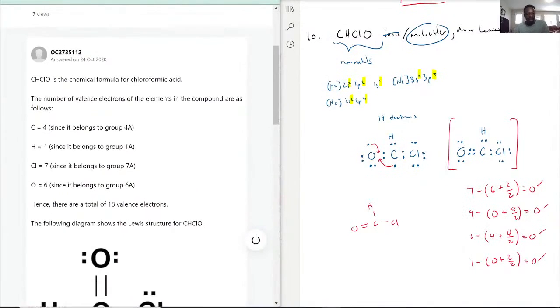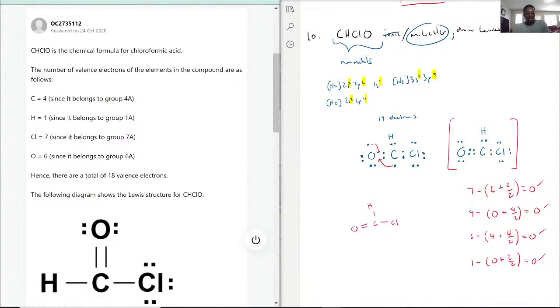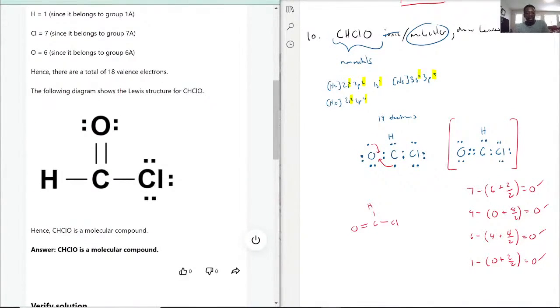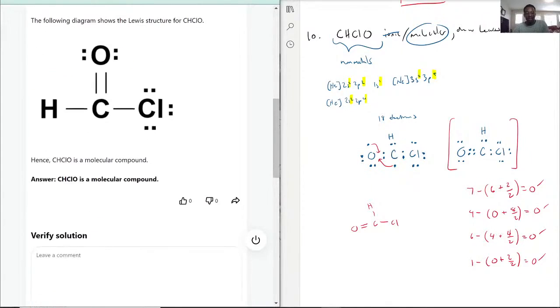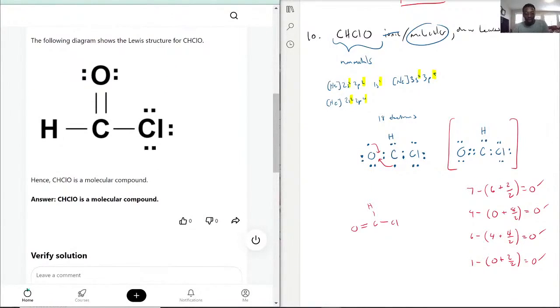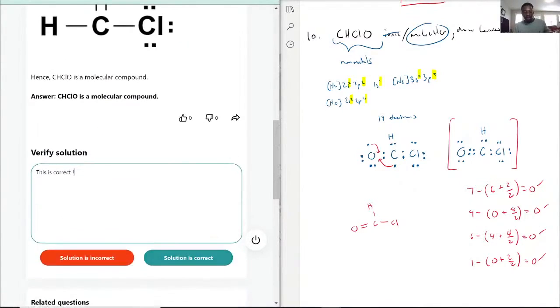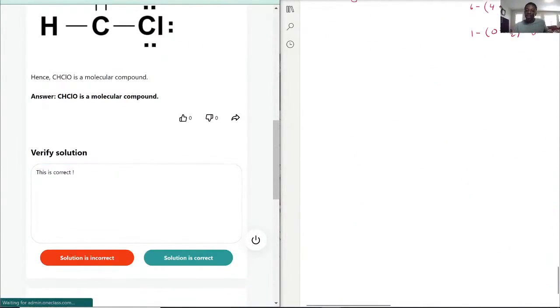So you see here, 4, 1, 7, 6, 18 valence electrons, and this is what we get. A double bond where the oxygen is, single bonds for everyone else, and CHClO is a molecular compound because there are no metals there. Okay, so now question number 11.